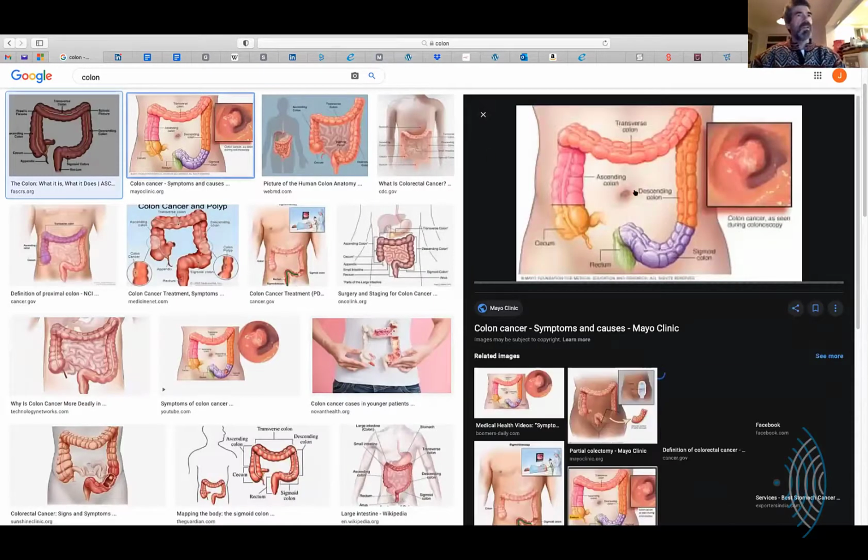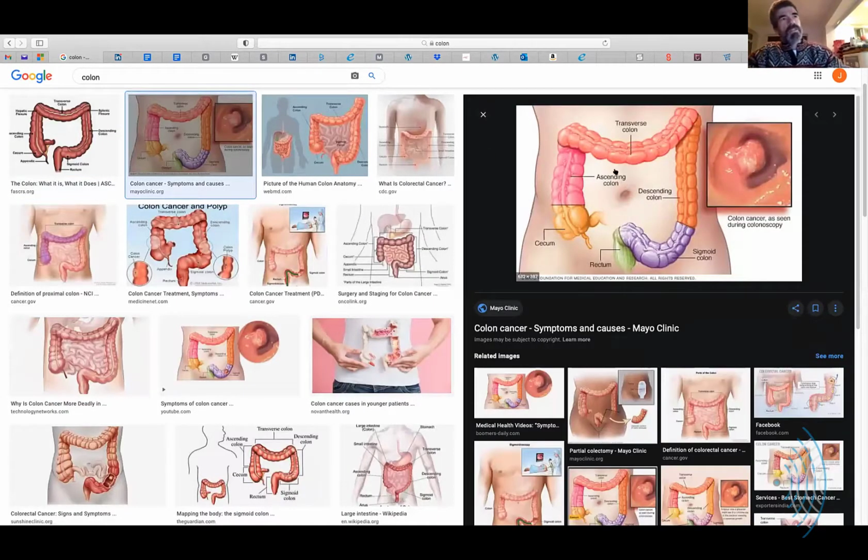And this one. You see the colon in three specific places. You see it coming up from where everyone has their appendix scar, up the side of the kidney. Then it drops in front of the pancreas here, and then it bumps into the spleen and comes down the other kidney there. Everything else in the middle is small bowel.